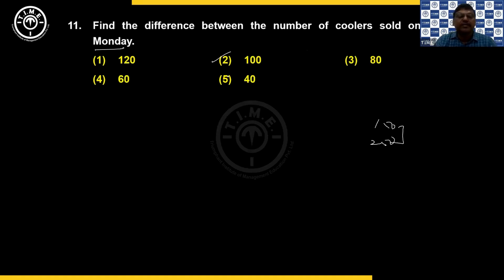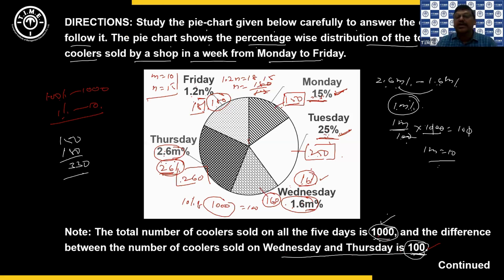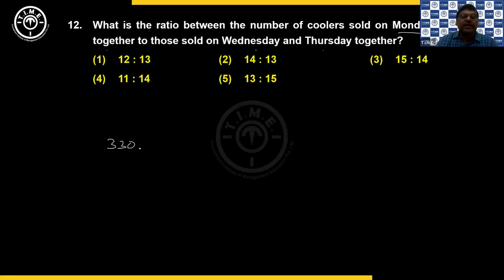Wednesday is 160 and Thursday is 260. 160 plus 260, 420. Right? Okay. 330 is to 420, students, the 0 gets cancelled. 3 elevens are 33, 3 fourteens are 42, so 11 is to 14.